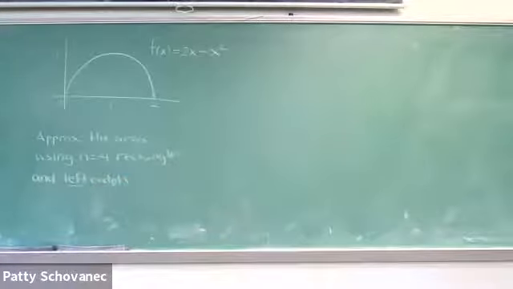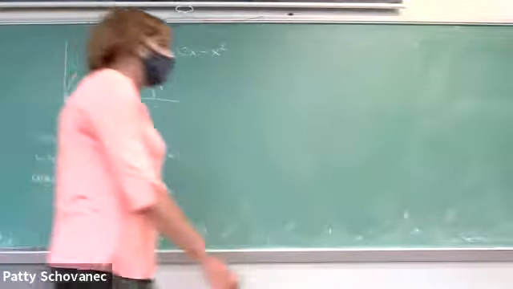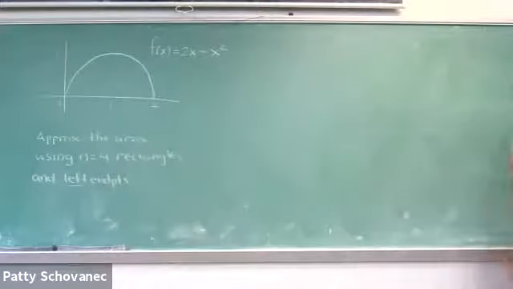Get a left sum out of that. It turns out since this is symmetric around the 1, the left sum is the same as the right sum. So break that up into 4 rectangles and let me see if you can crunch out a left sum to approximate the area.